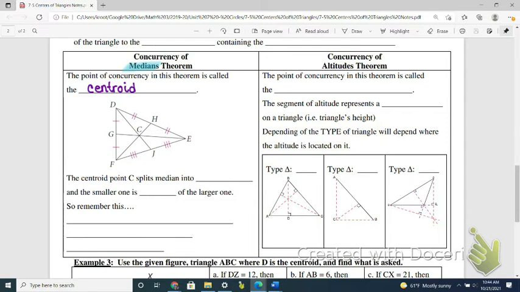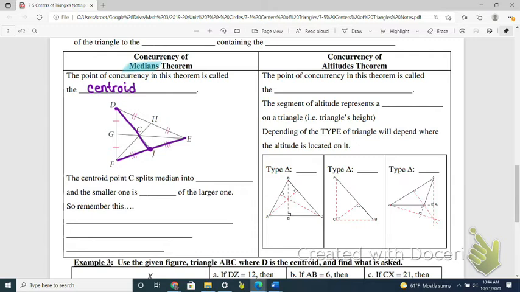To find a centroid, you find the midpoint of a side. So J is the midpoint of EF, and I connect that point to the opposite vertex. You find the midpoint, connect it to the opposite point, and you do that for each of the three sides.